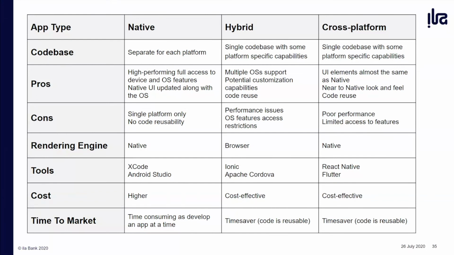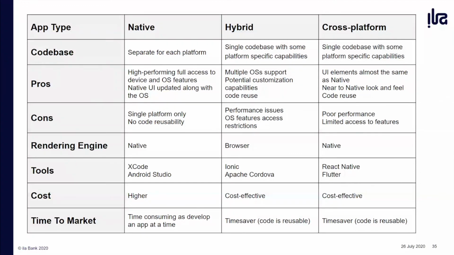So the pros of native: you will have high performance, full access to device and OS features. You will have native UI updated along with the OS. So whenever the OS is updated, your UI will also be updated based on that update on the operating system. And for hybrid, you will have multiple OS support, and you will have potential for customization capabilities.